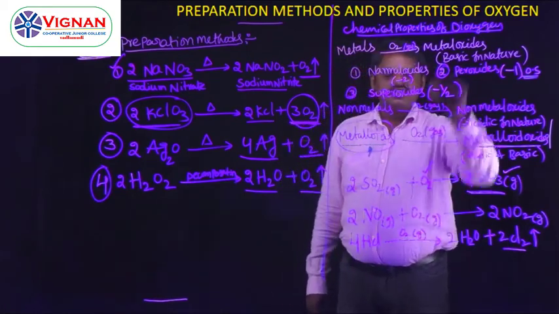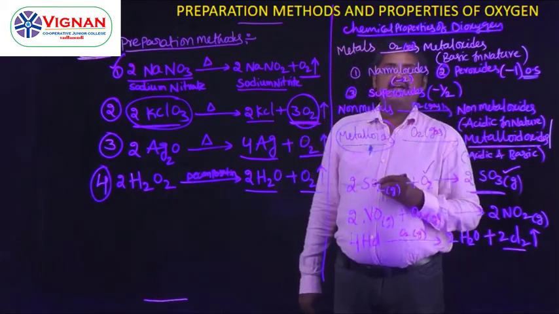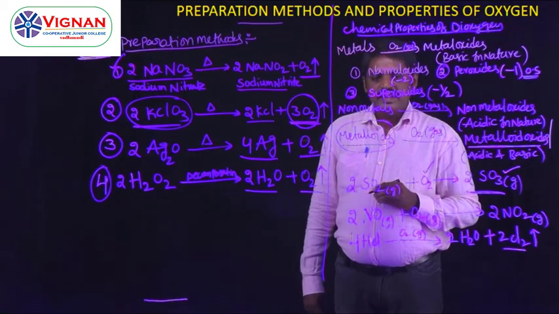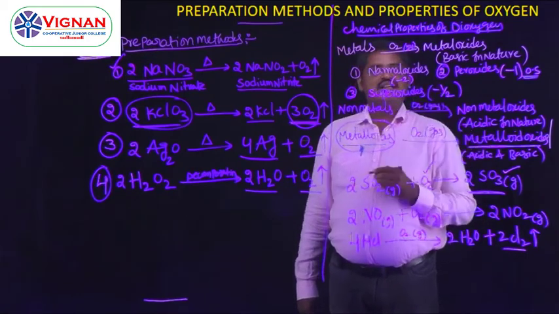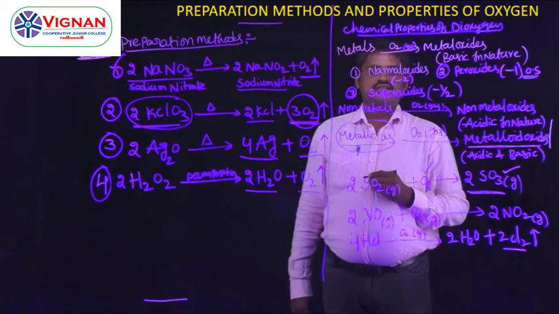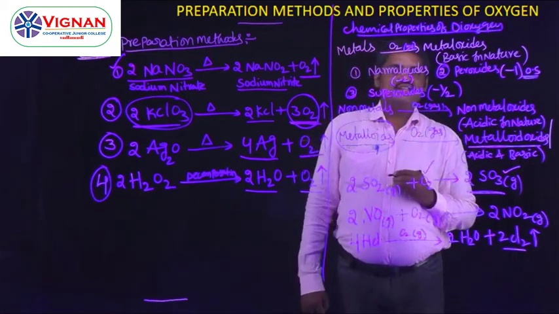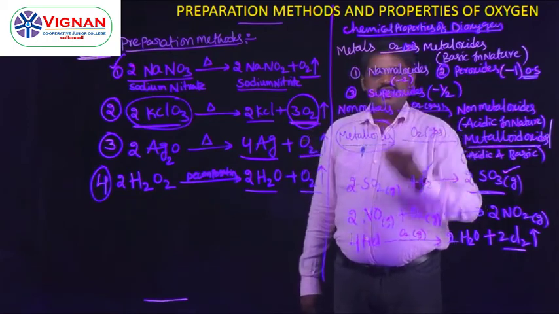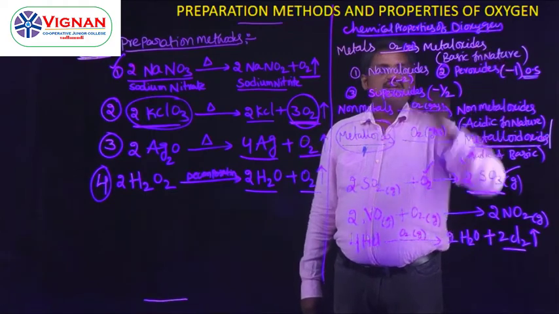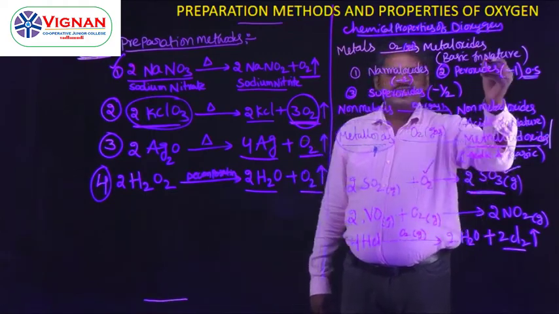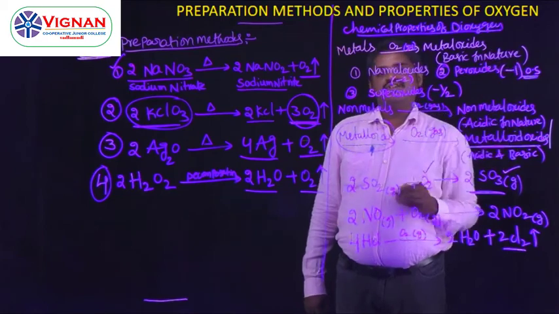These are some important properties of dioxygen gas. Once again, to repeat these chemical properties: first, metals react with oxygen, meaning dioxygen, to produce metal oxides, which are basic in nature.